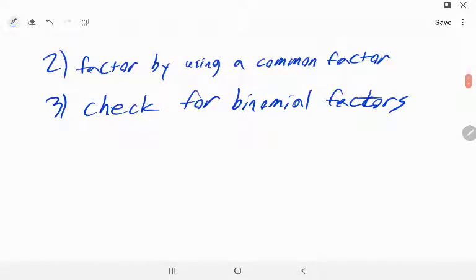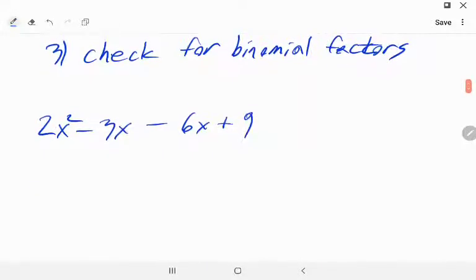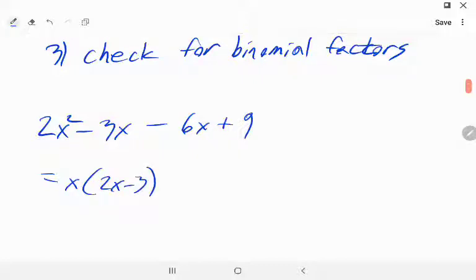So we notice that if we were going to look at 2x squared minus 3x minus, let's make it 6x plus 9, we notice that the first two terms have a common factor of x. So we can write that as x times the quantity 2x minus 3, and the second two terms have a common factor of 3.